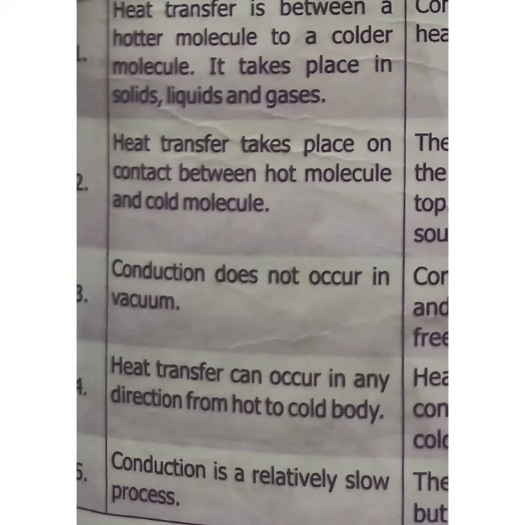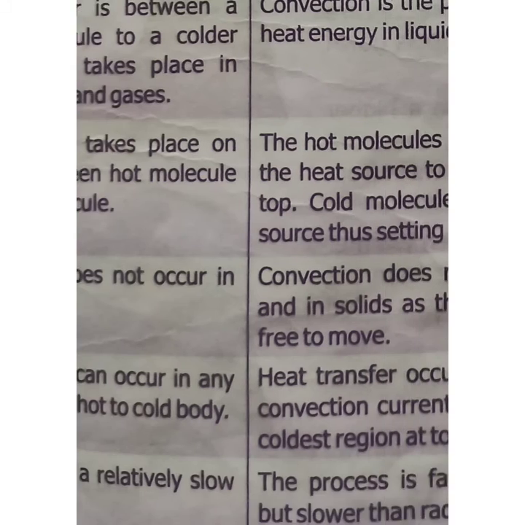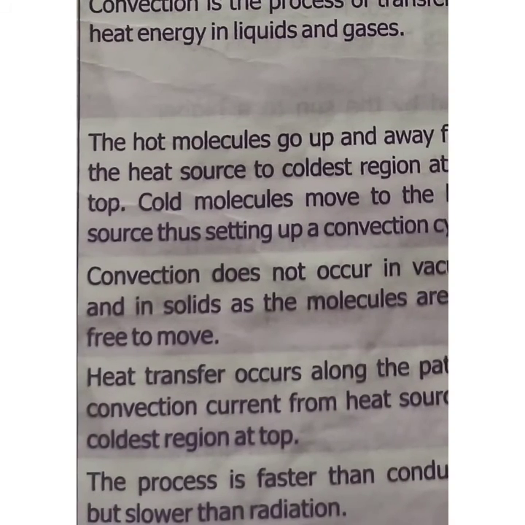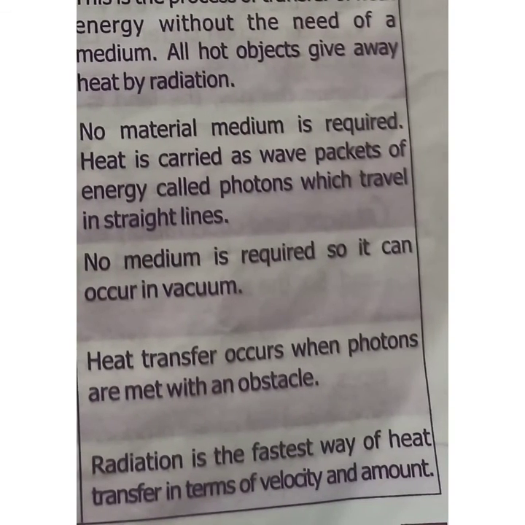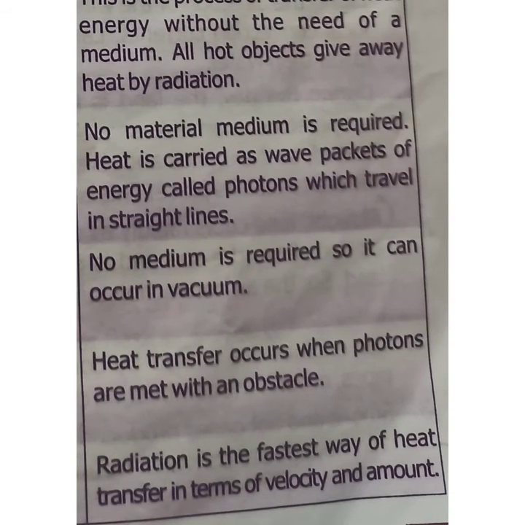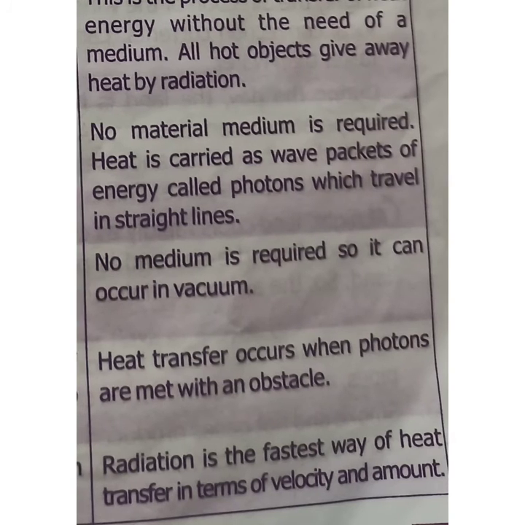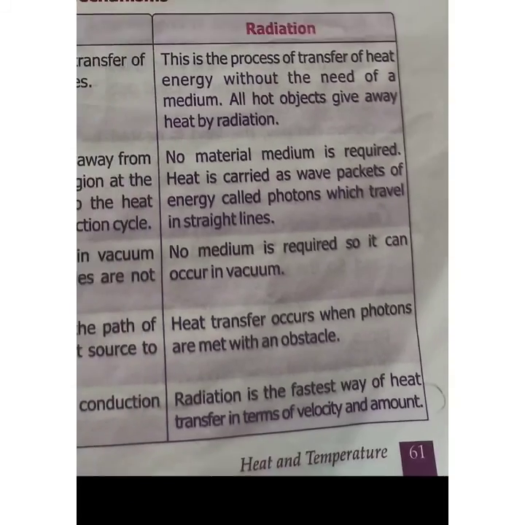Conduction is a relatively slow process, but convection is faster than conduction but slower than radiation. Radiation is the fastest way of heat transfer in terms of velocity and amount.